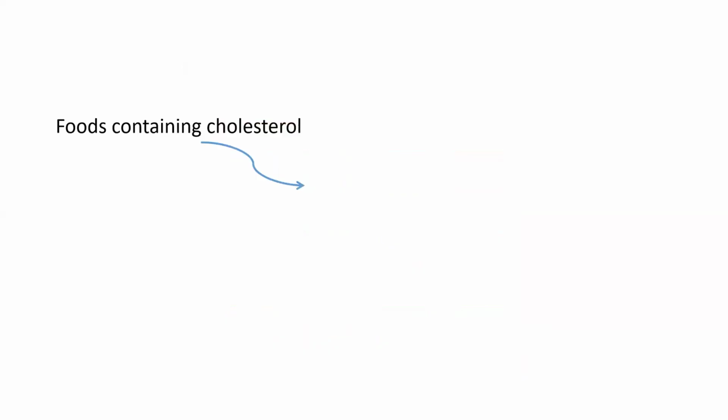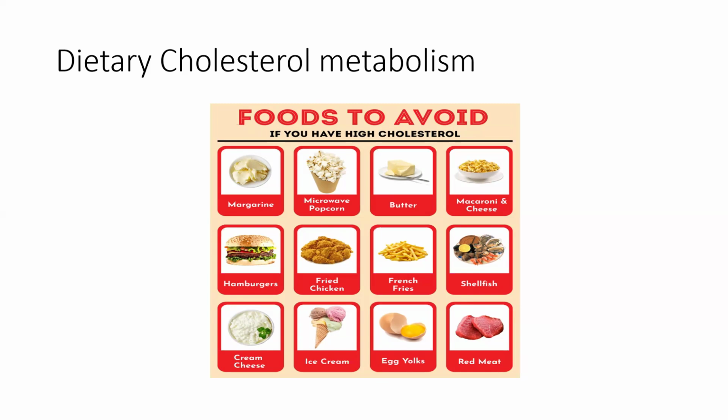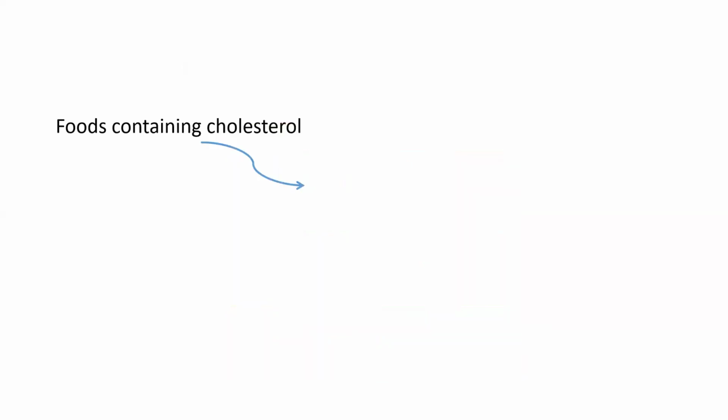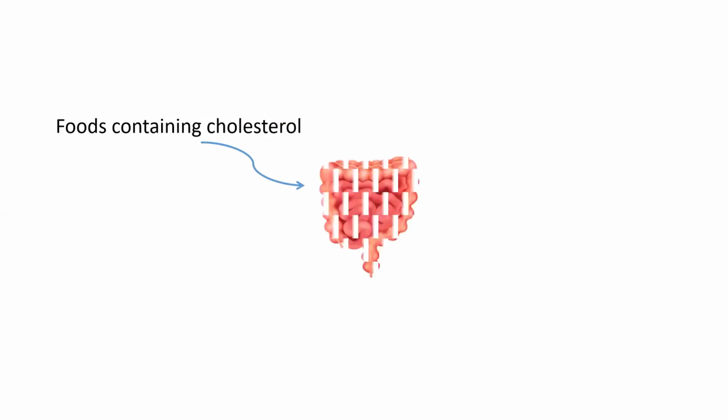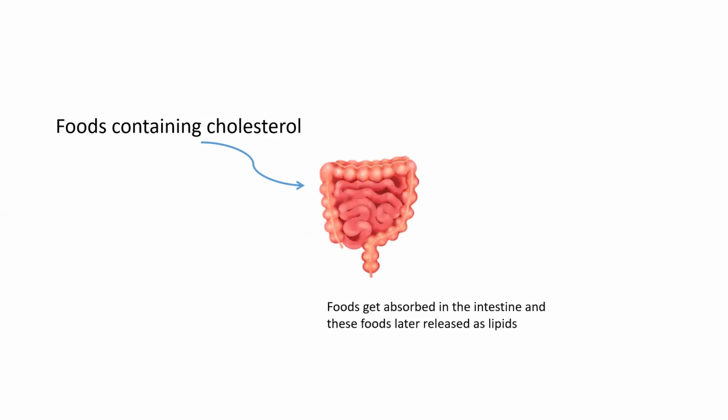Then coming to how this actually enters our body. When we consume foods containing cholesterol, they are absorbed by the intestine, and these are then later converted or released as lipids.